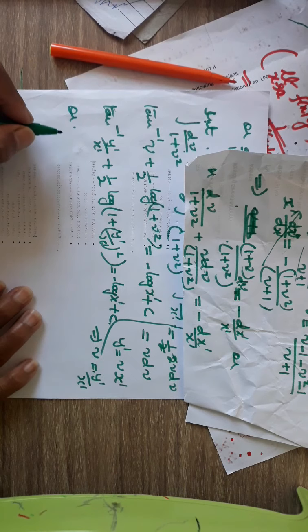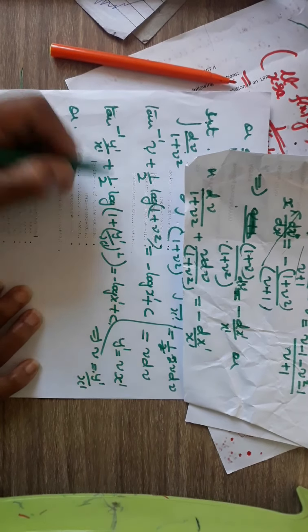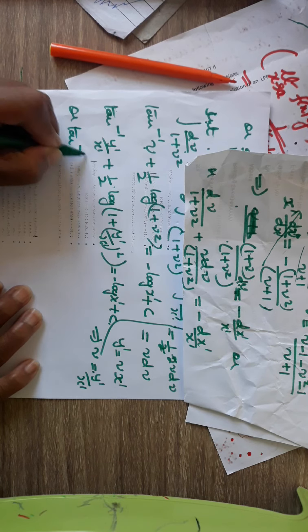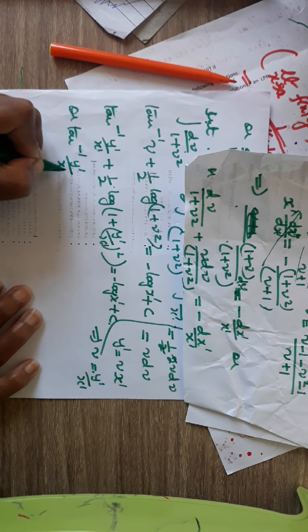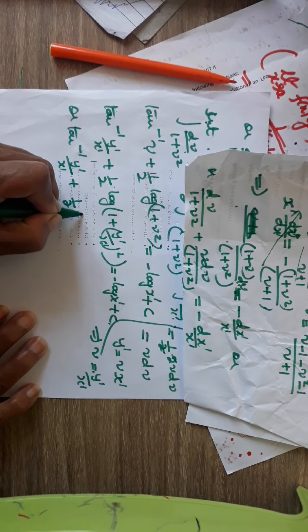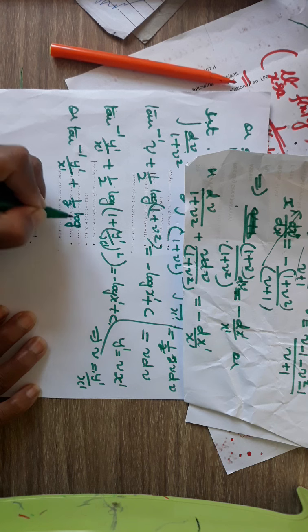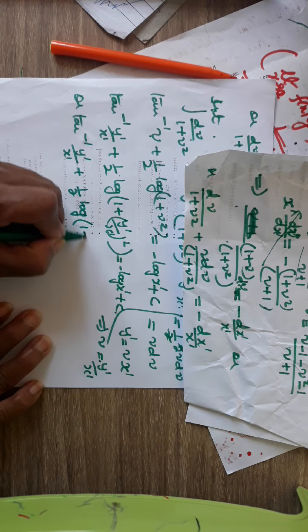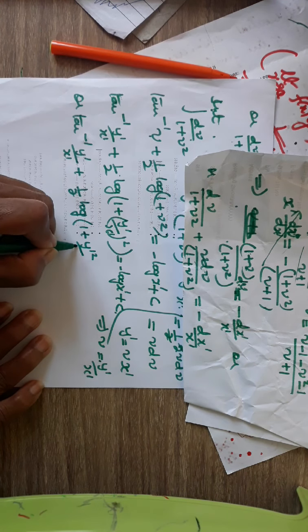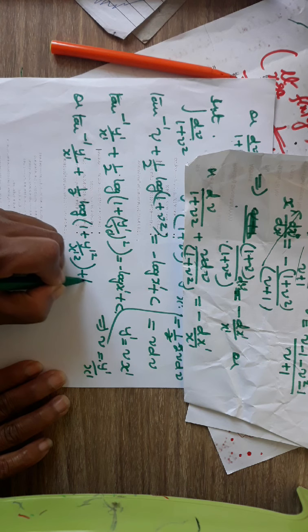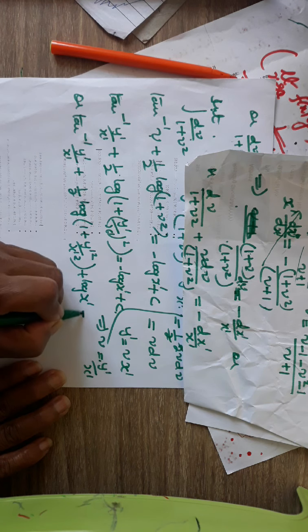Or you can write this as, bring this to this side, tan inverse of y prime by x prime plus half log of 1 plus y prime square by x prime square plus log x prime is equal to c.